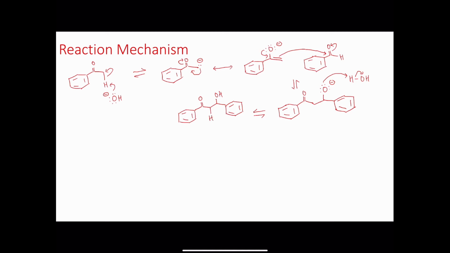Alright, so we have another hydrogen at the alpha position, and this alpha hydrogen is acidic. It can undergo deprotonation by a base. We use a hydroxide base to deprotonate the hydrogen, and we end up with this intermediate.